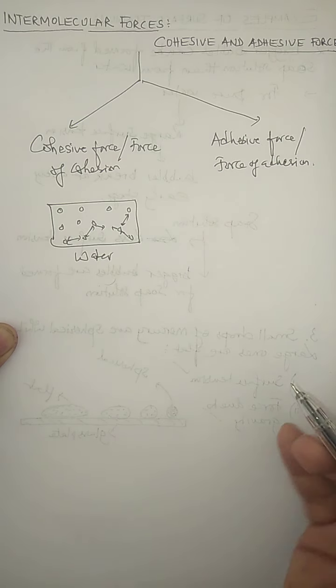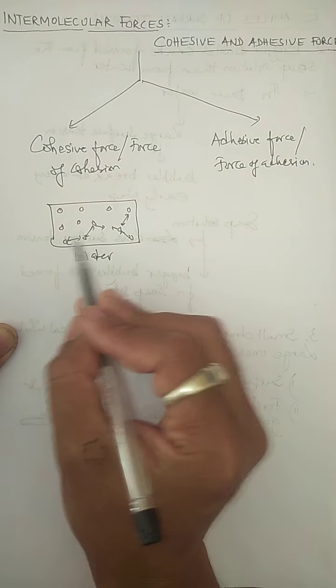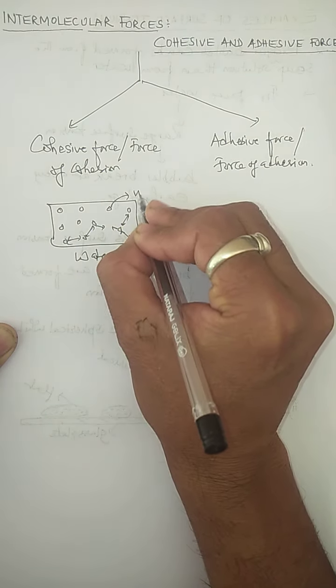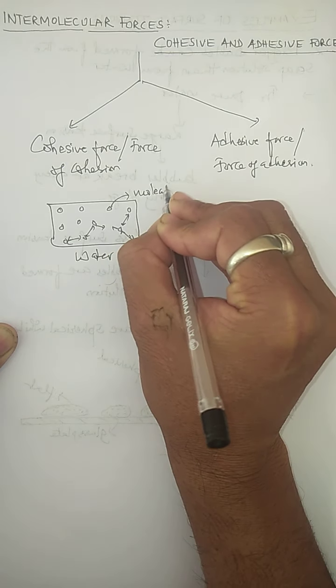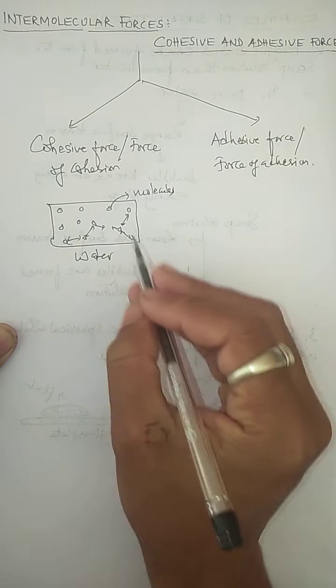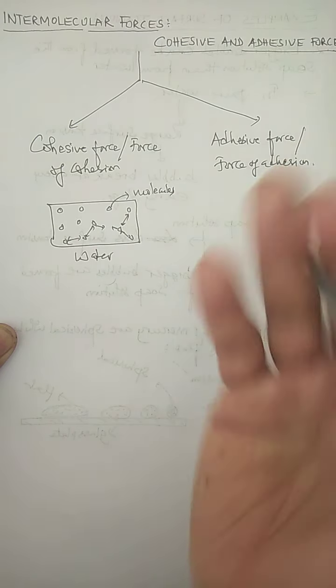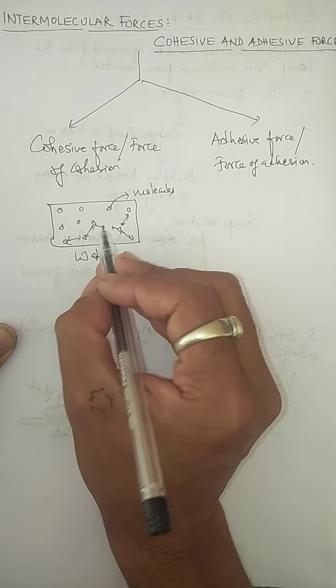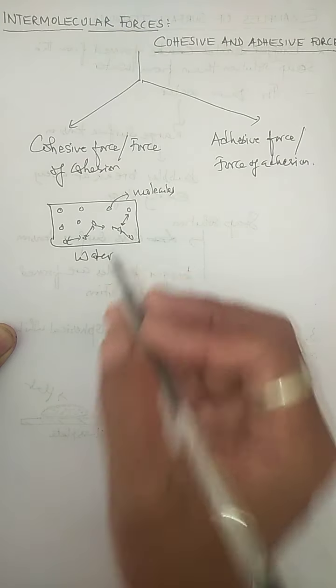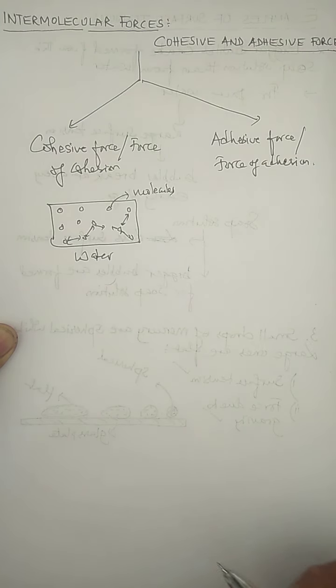So in a simple way, we can define cohesive force as the force of attraction between the molecules of the same substance. It can be water or any other substance also.